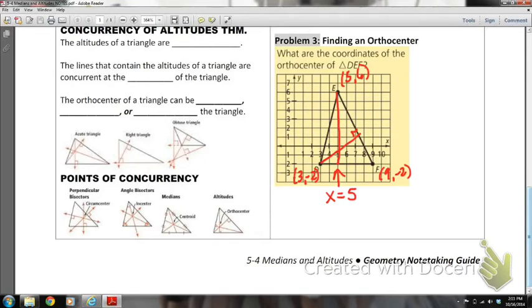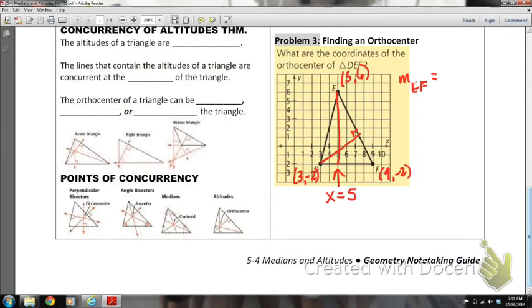In order to do that, we have to find the slope of EF. Remember, to write an equation of a line, we need the slope of the line and a point on the line. We're going to find the slope of EF because the altitude is going to be perpendicular to this side EF.